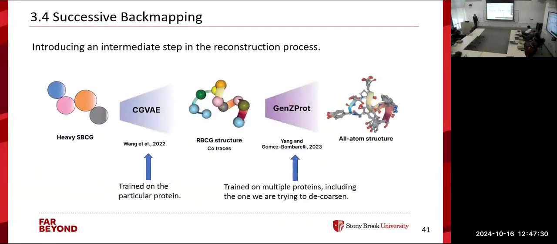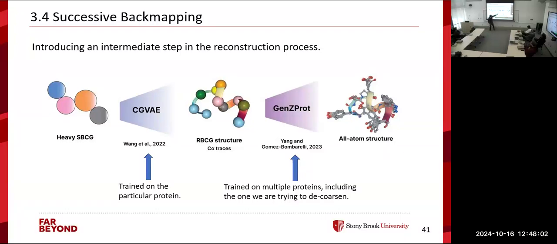What we're going to do is successive backmapping. We're going to start with this heavy, very coarsened shape-based coarse graining. We're going to train a model, like CGVAE, trained on the particular protein, not to reconstruct the whole thing in one step all the way to the all-atom resolution, but to restore the residue-based coarse graining, the resolution of the alpha carbon traces.